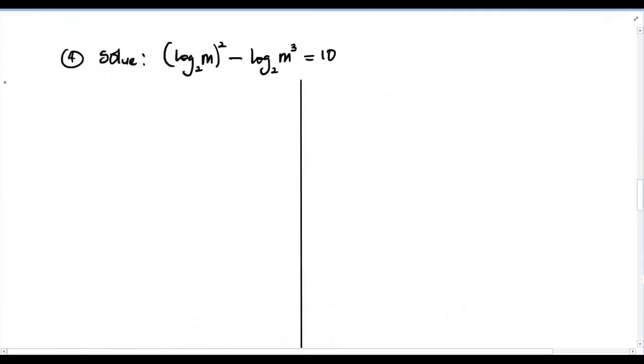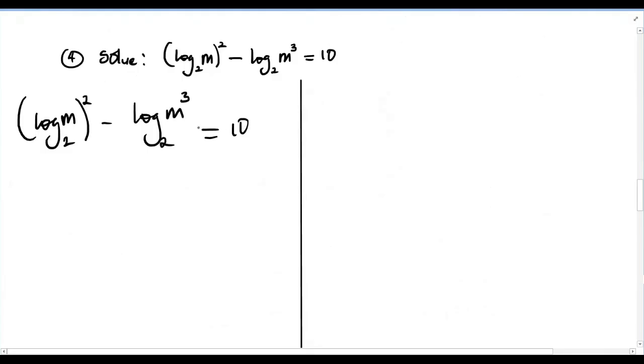Beautiful. Now, I like this particular question very well. Right. So the question is: open bracket, the log of m base 2, all to the power of 2, minus the log of m to the power of 3 base 2, equal to what? 10. All right, that's nice. So the first thing we're going to do is what?